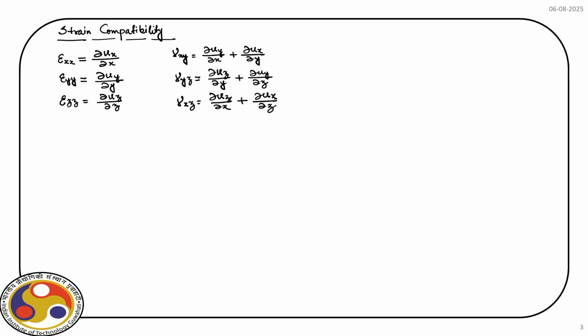Now, earlier I gave you a hint that if we have a displacement field, how is it defined? We have three components ux, uy and uz, right. Once we know the displacement field, which are functions of x, y, z, then we can easily find out the different strain components.